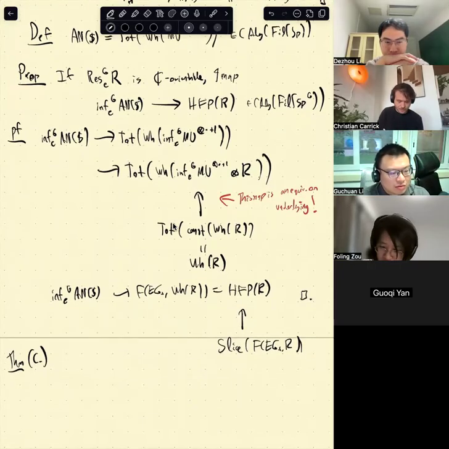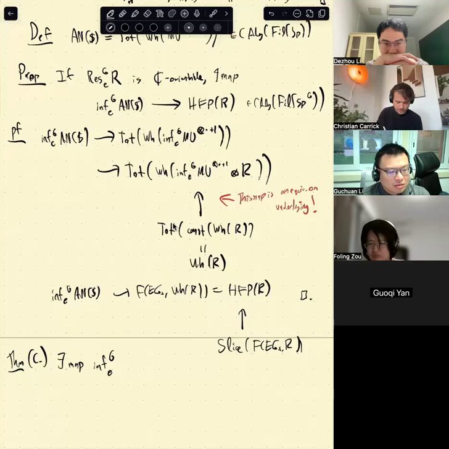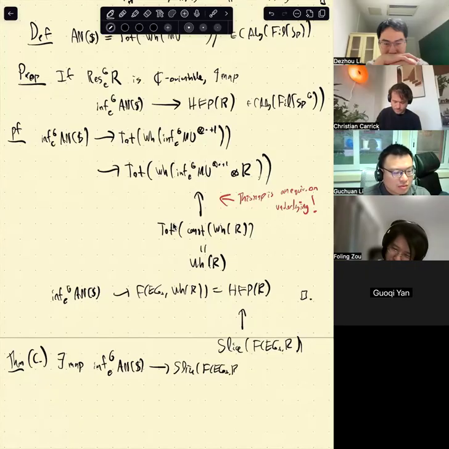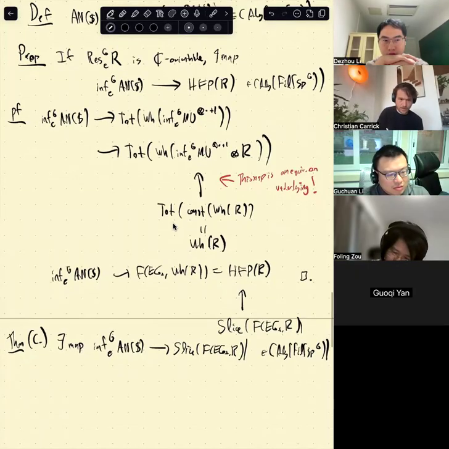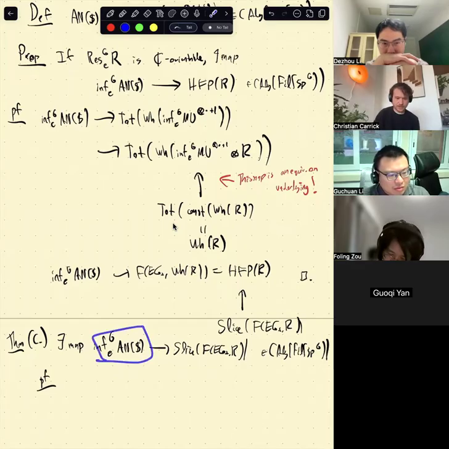Okay, so I'm going to state the theorem from the introduction now in slightly different language. There exists a map, this to here, in CAlg of filtered G-spectra, where R has the same assumption above, where R is complex oriented on the underlying. And the proof is just, I need to check that this thing has the right connectivity.